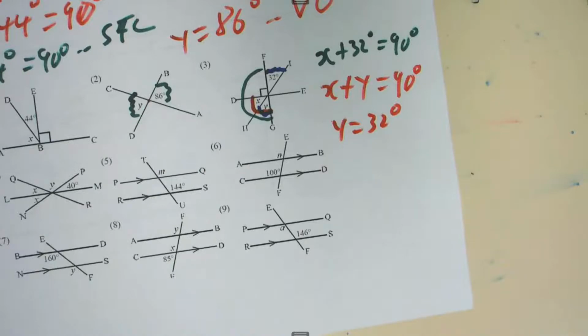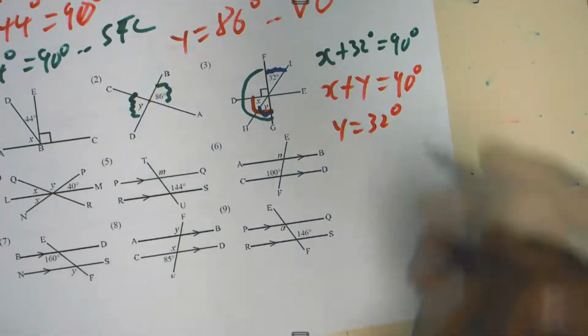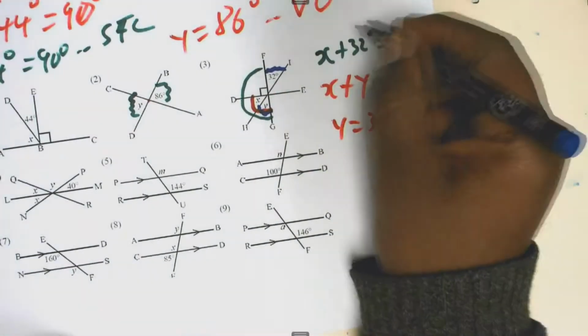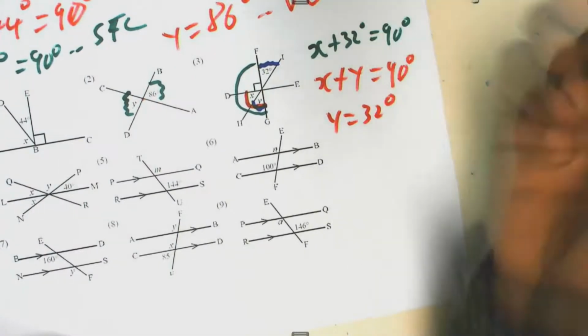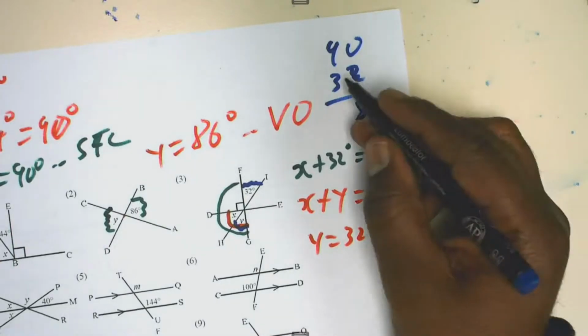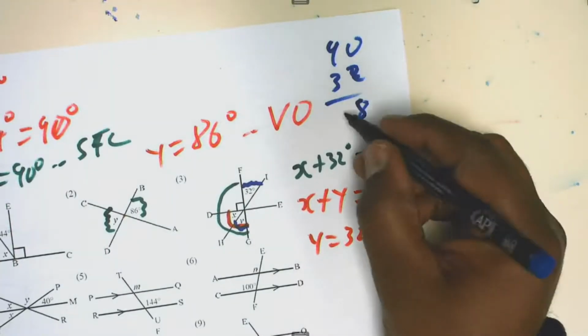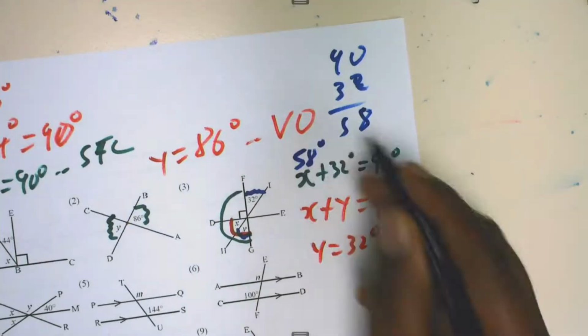Is it 58? To get 90 minus 32, what do we get? 8 minus 2 is 6... 90 minus 32 is 58.